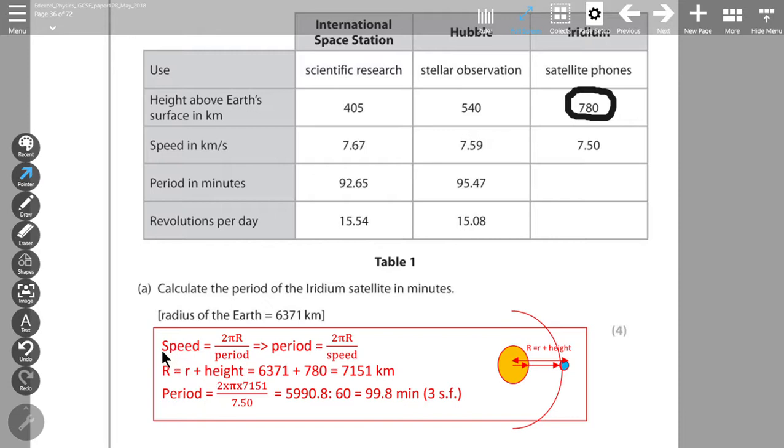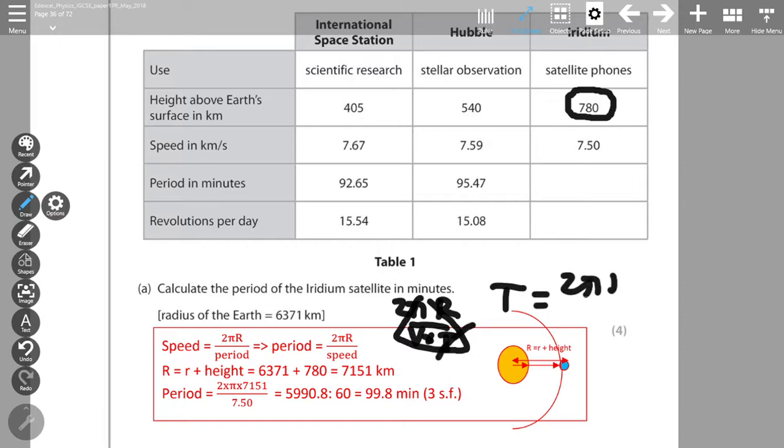So we have the formula speed equals 2 pi r over period. So we can draw a triangle for this case like this. 2 pi r equals v times period. Again, 3 quantities. If we need period, we cover period and we see that it is 2 pi r over speed.